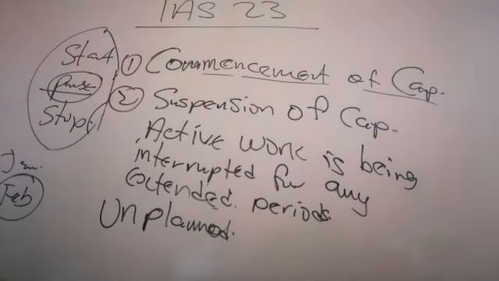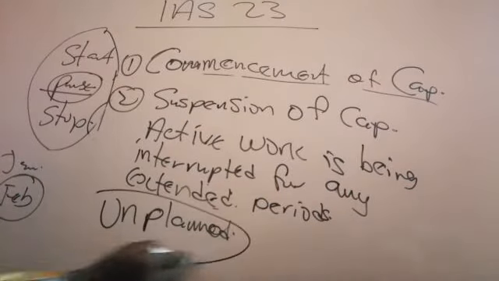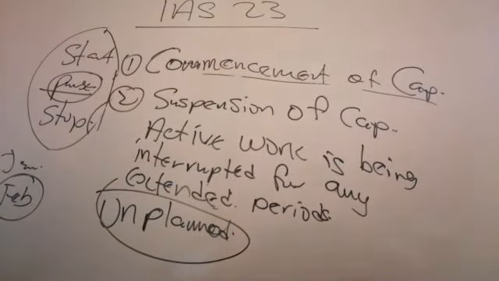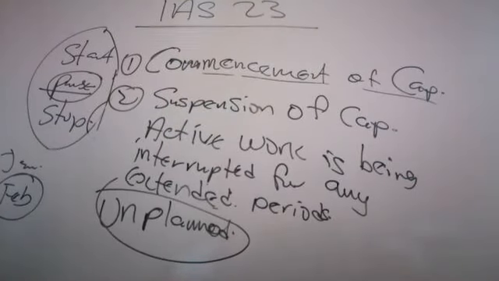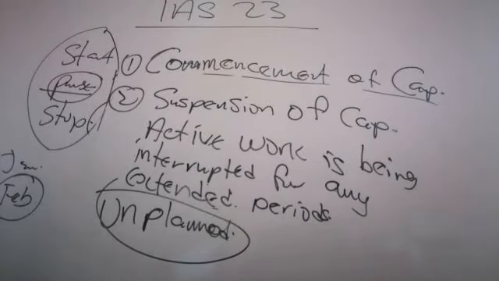Now let's look at the examples of this. So here we have to make sure that before you suspend the borrowing cost, the actions are a result of what? Unplanned management activities such as what? Strike. No one planned for strike, that my employees will go on strike for certain months. Shortage of what? Raw material.